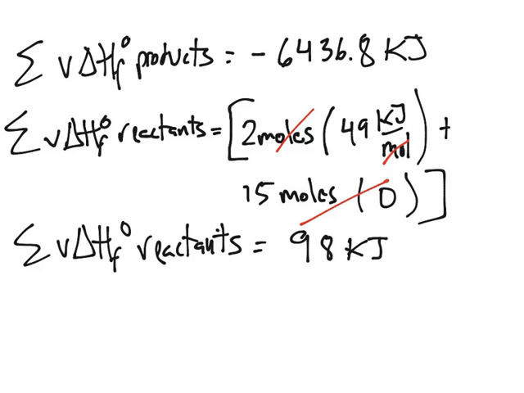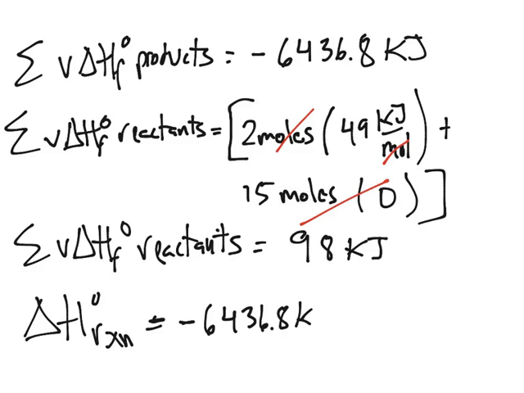So finally, our enthalpy change of the reaction, or the system we're studying, in this case it's a reaction, is simply going to be the products first. Always remember that. Negative 6,436.8 kilojoules minus the reactants, so minus 98 kilojoules.